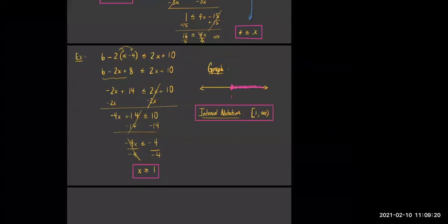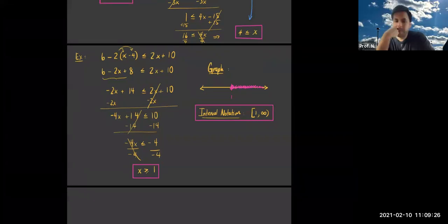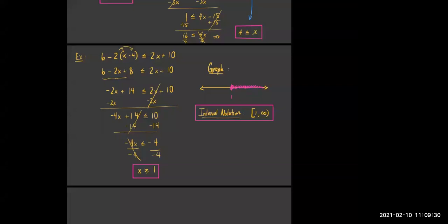This might seem a little elementary, but I'm confused about, for the 2x you subtract 2x, but for the negative 4x you divided by negative 4. So how do you know when to just subtract or add, to cancel it out, or divide?